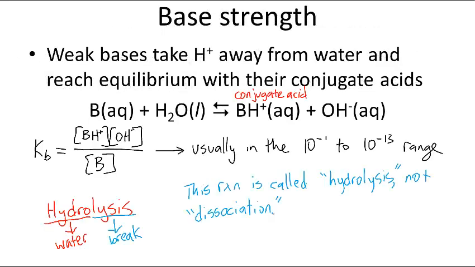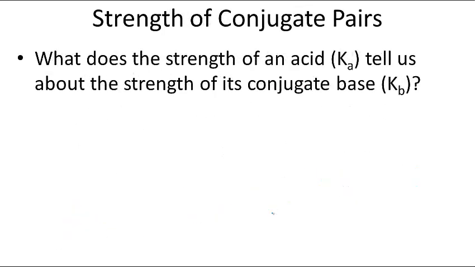So the next question we want to ask is, if we have a conjugate pair, an acid and its conjugate base, what does the strength of one tell us about the strength of the other? So let's think about this intuitively. If I'm an acid, that means I'm an H plus donor.